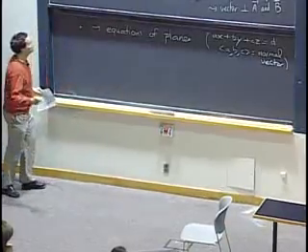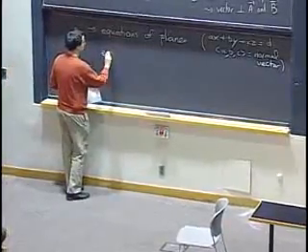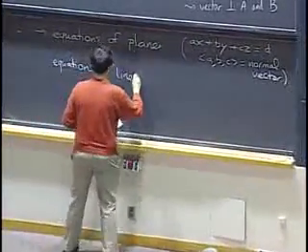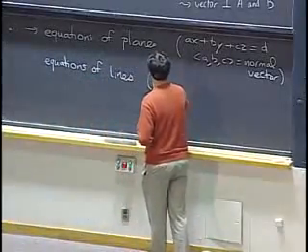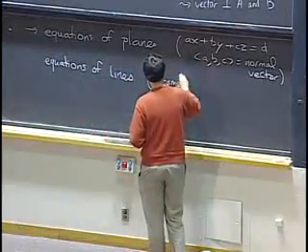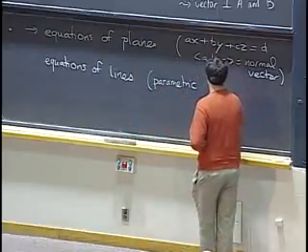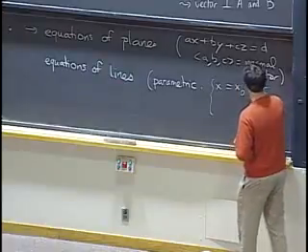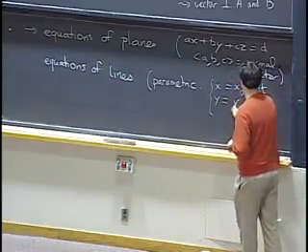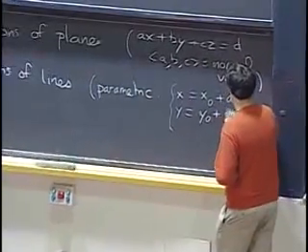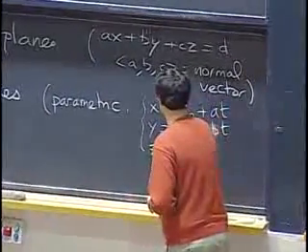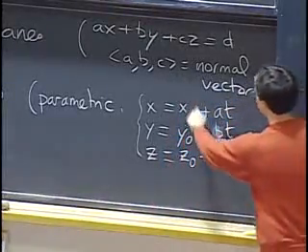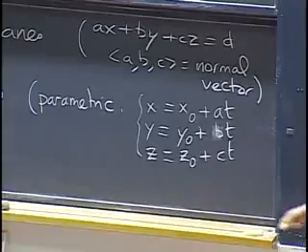Yes, very good. Okay, we've also seen how to look at equations of lines. And those were of a slightly different nature because we've been doing them as parametric equations. So typically, we had equations of the form x equals some constant plus some constant times t, y equals constant plus constant times t, z equals constant plus constant times t, where these terms here correspond to some point on the line.